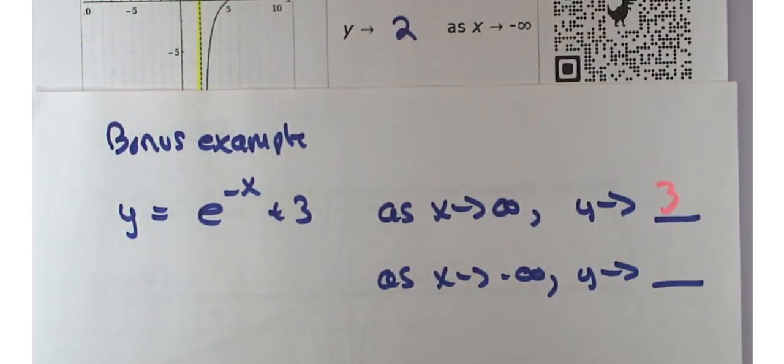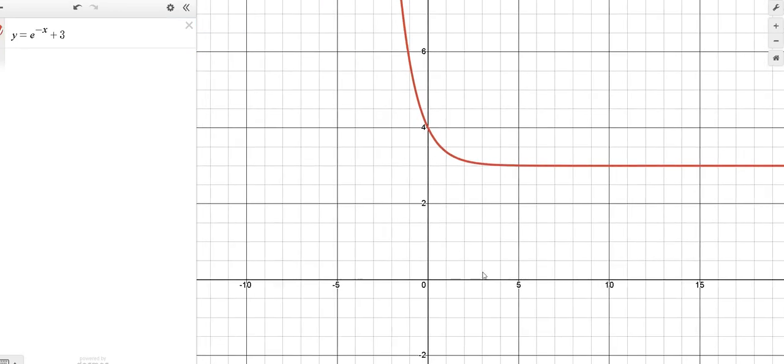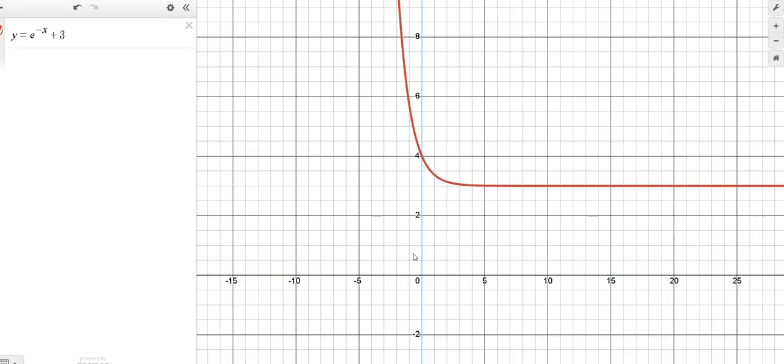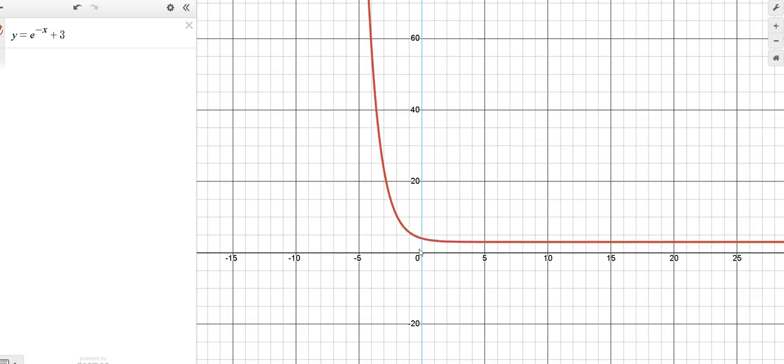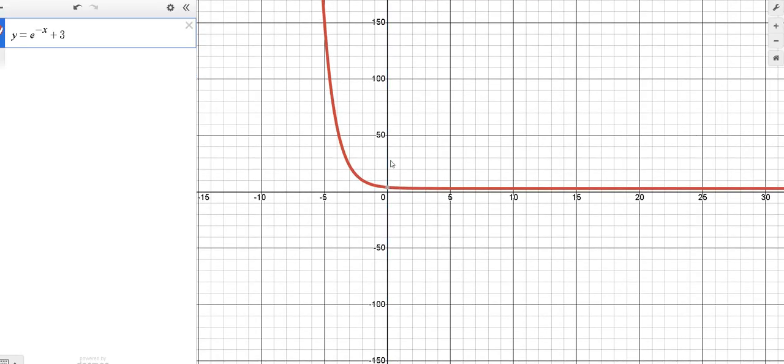How about if we go out towards negative infinity? So we go out the x-axis towards negative infinity, going out this way. Where's the y value going now? As you go further and further out the x-axis. Yeah, it's going to infinity.